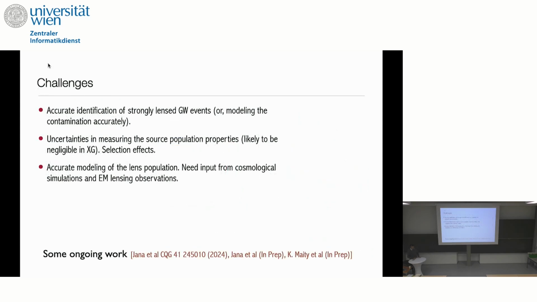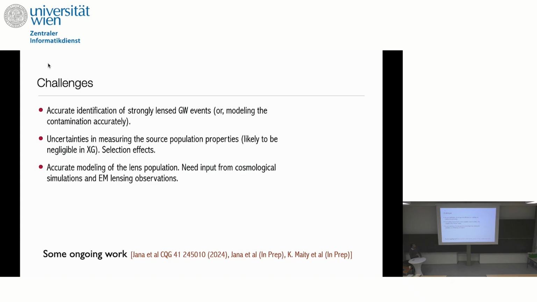So there are various challenges. One is we have to accurately identify lensed events, or at least to model our contamination fraction. If we're able to model our contamination properly, then there are possibilities of marginalizing over it. There are also uncertainties in measuring our source population distribution, but these uncertainties are likely to be negligible in the case of next generation detectors because of the large number of observed events.